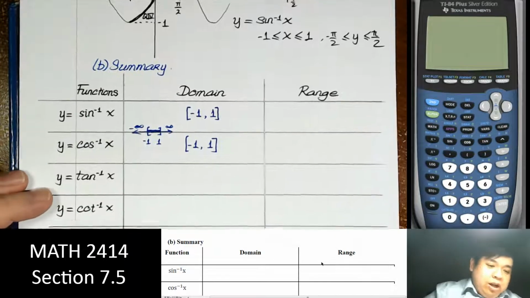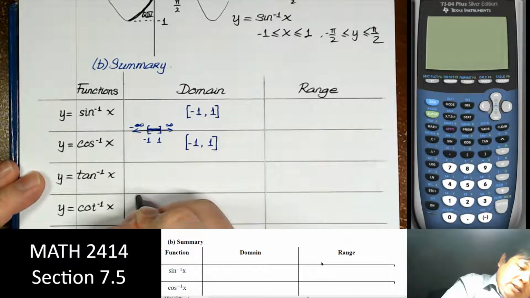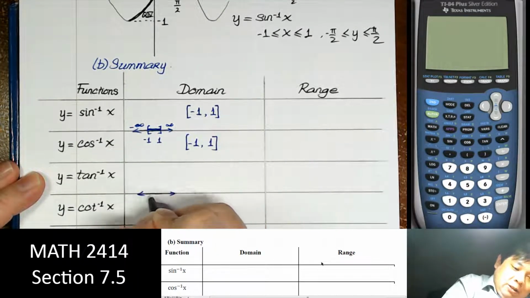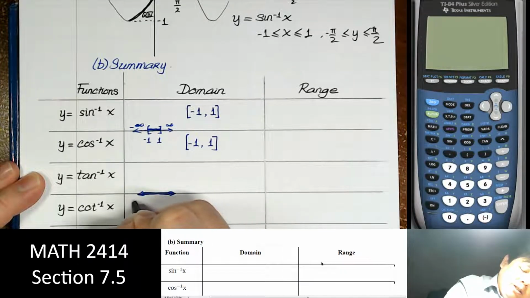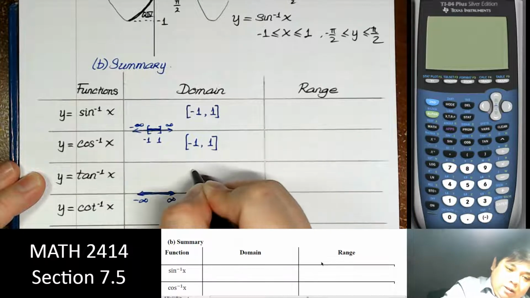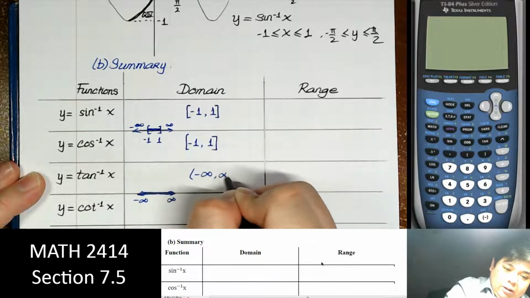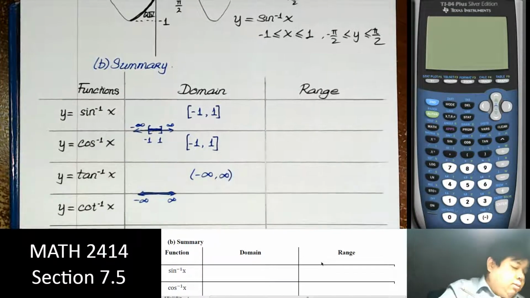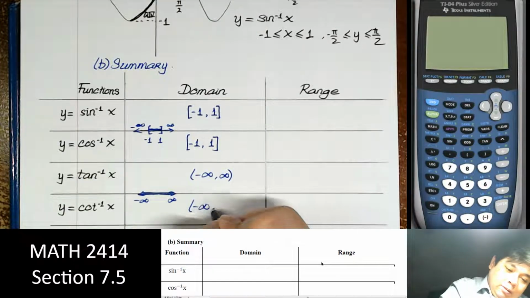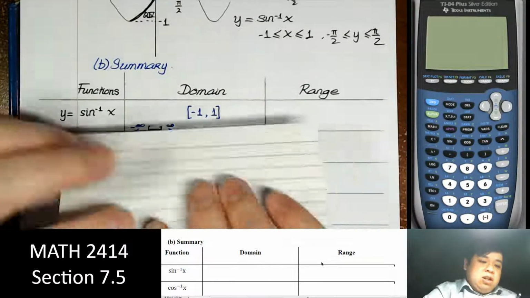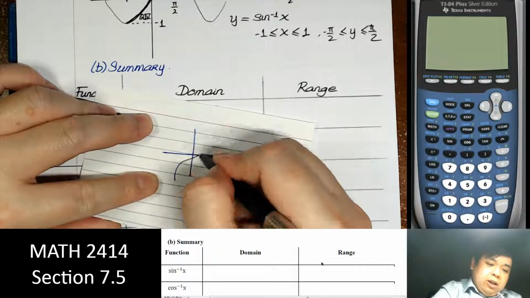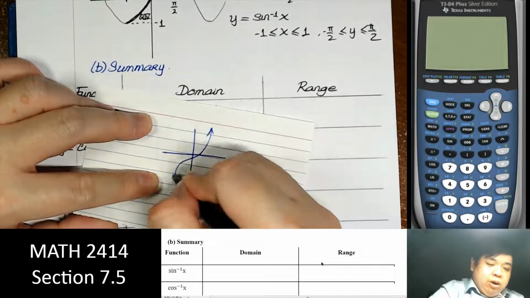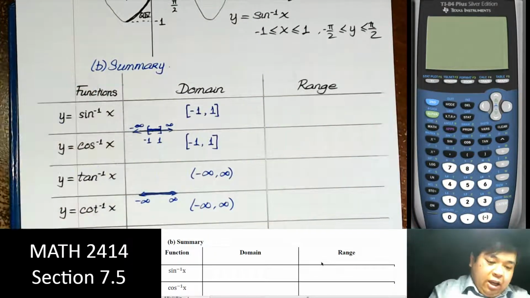For tangent and cotangent, it's going to be the whole line, because the tangent function goes to infinity as well.